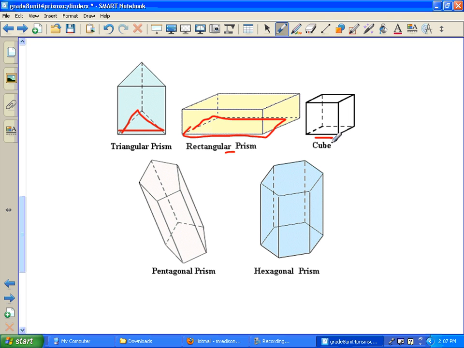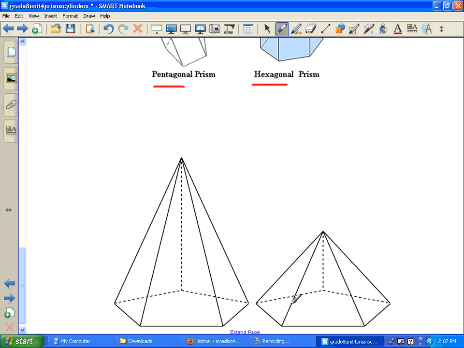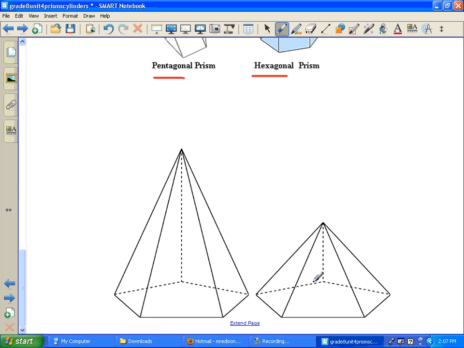There's our typical cube. In other words, it has a square base. You don't hear the word square prism. This one here is a pentagonal prism because it has a pentagon, or a 5-sided figure, for the base, and then rectangles for all the sides. This one's a hexagonal prism because it has a hexagon for the base and the top, and then all rectangles on the sides. And again, 2 more pyramids.